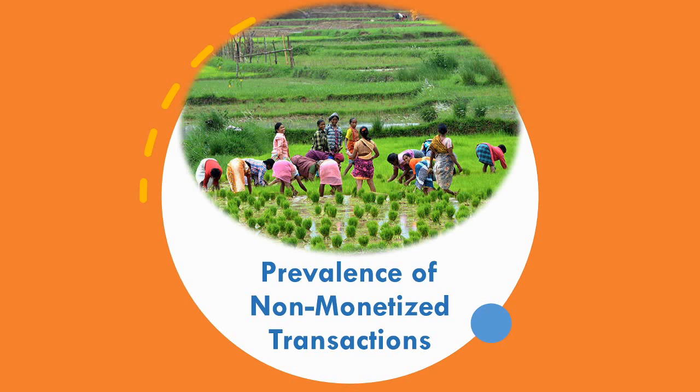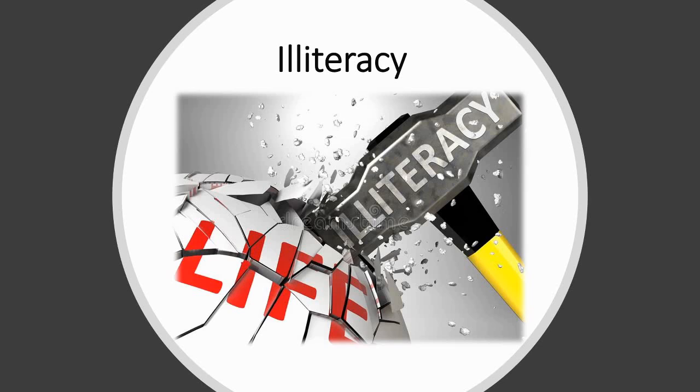So the national income calculation therefore has to face the problem of finding a suitable measure for this part of output. And second is illiteracy. The majority of people in India are illiterate and they don't keep any accounts about the production and sales of their products. So under these circumstances, the estimation of production and earned incomes is simply guesswork.